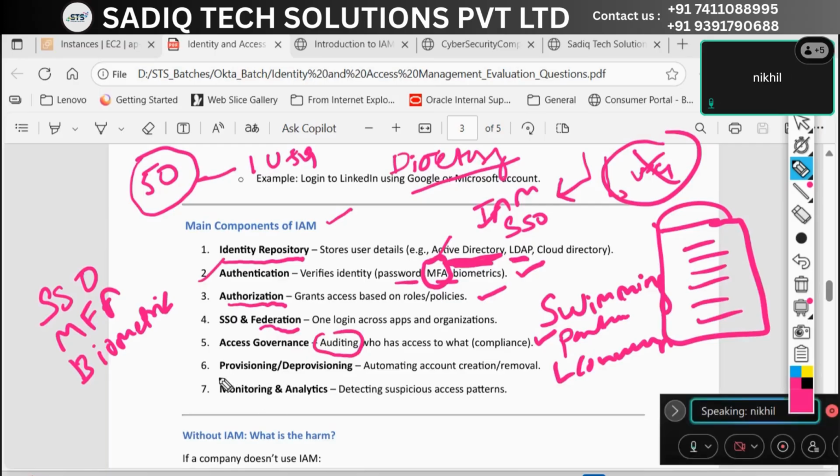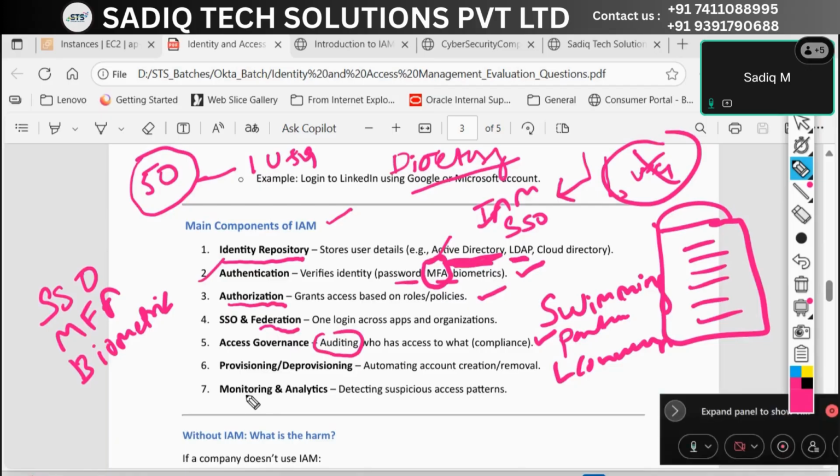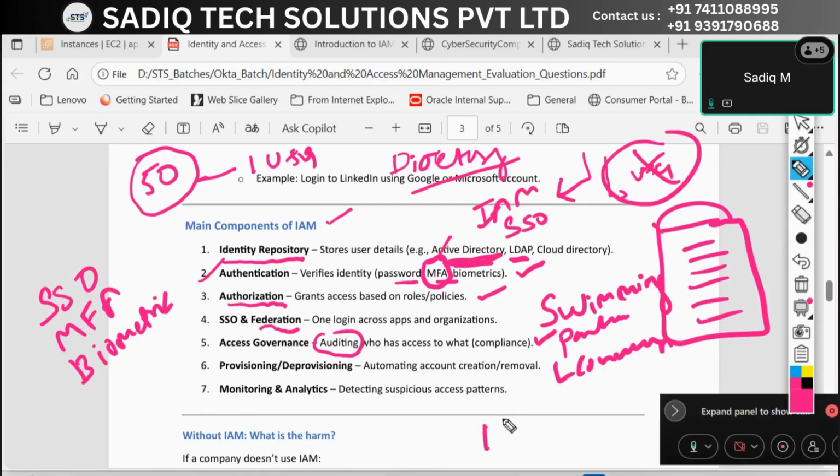And the sixth point is, when a user joins the company, what has to happen? A user creation has to happen. Then only can he access all the internal portals, right? In general, there is a system called the HR system. HRs recruit us, right?